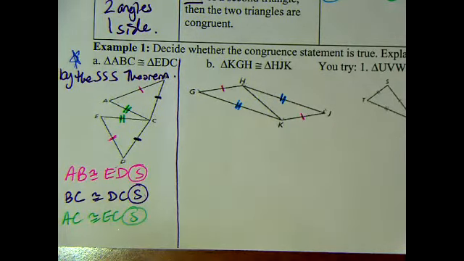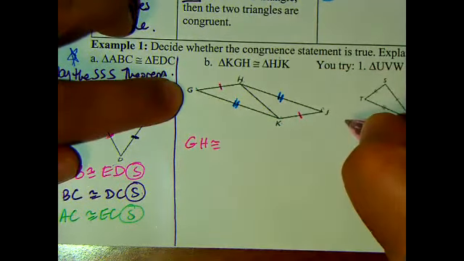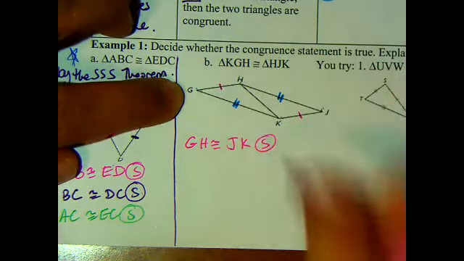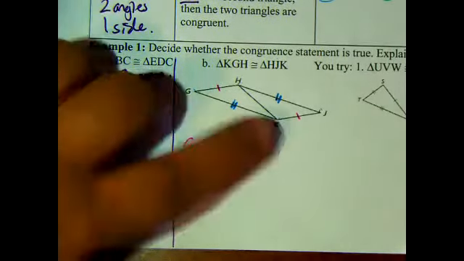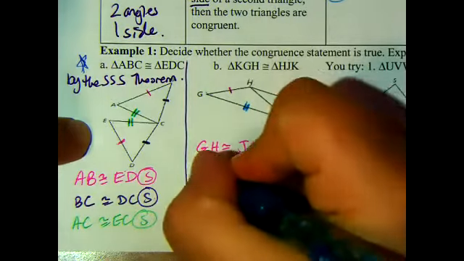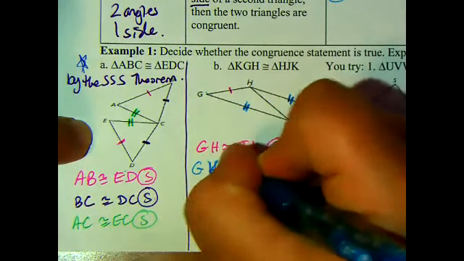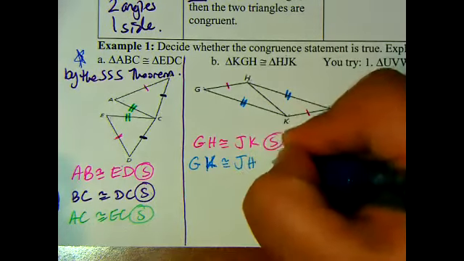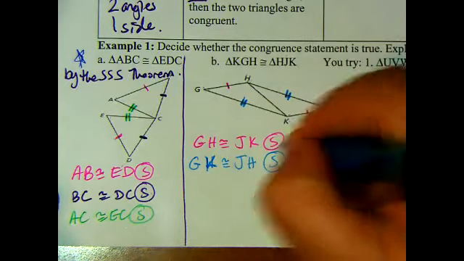So far, I have that GH is congruent to JK. Okay, that's a side. And I have GK is congruent to JH. That's another side.